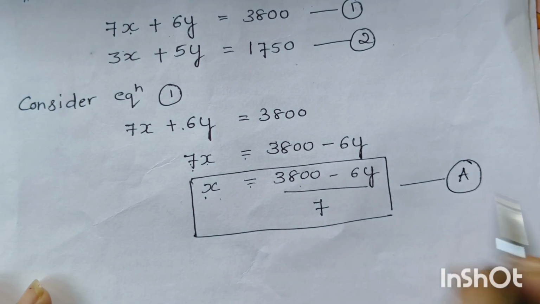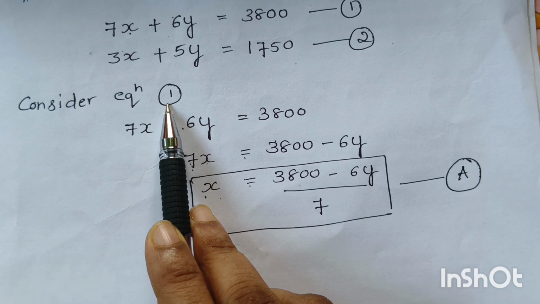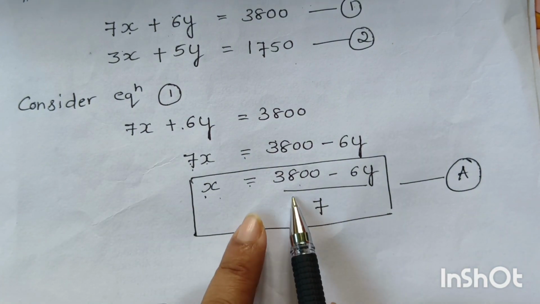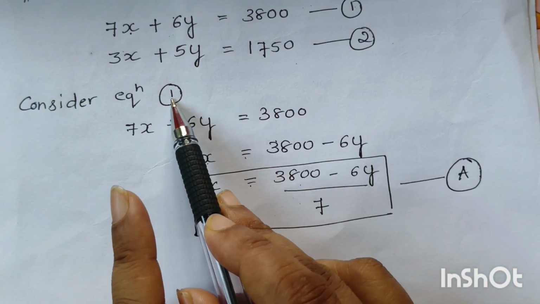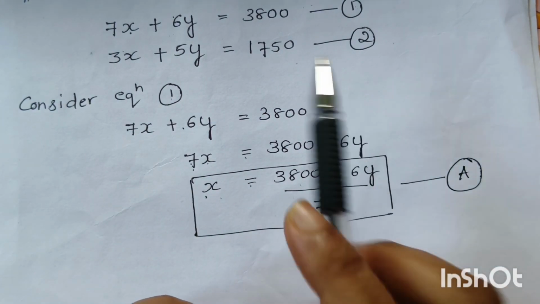We got the value of x from equation 1. Okay, listen carefully. We got the value of x from equation 1. Now let us substitute the value of x in equation 2.